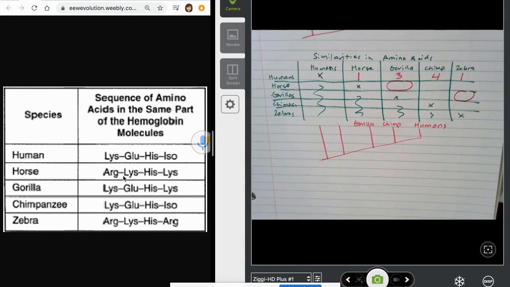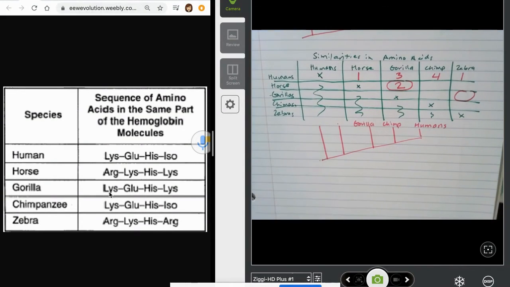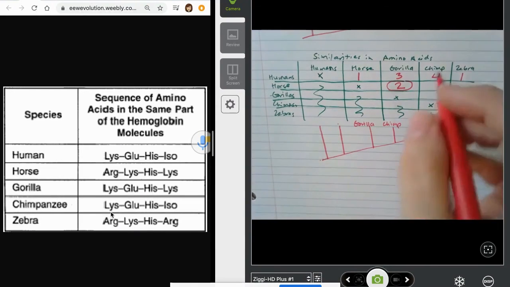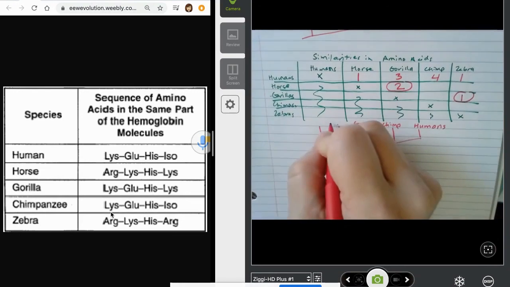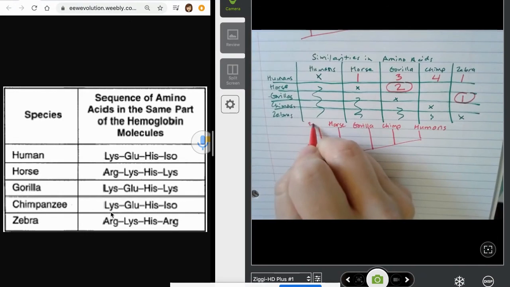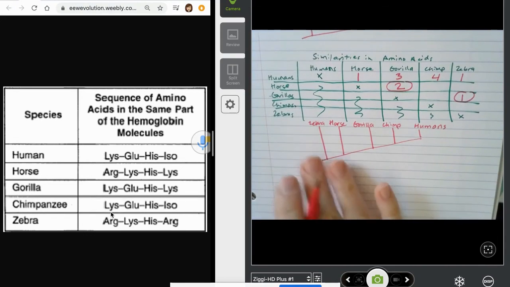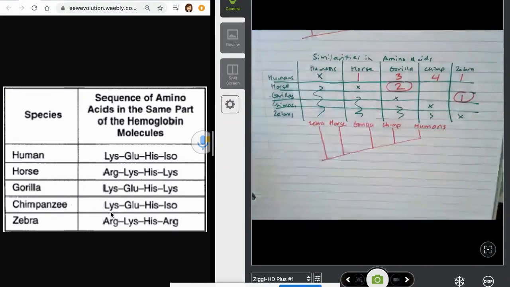Oh, good. They're next to each other. 2. Now the gorilla to the zebra. Good, 1. So next door to the gorilla, we put the horse. And next to the horse, we put the zebra. We have made a logical cladogram based off of amino acid sequence similarities.